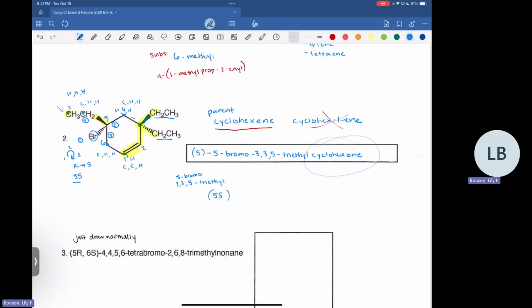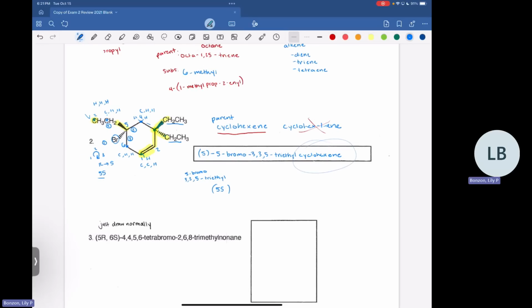Yeah, so carbons that have 4 different groups, like for E and Z or R and S. So E and Z is going to apply to double bonds, and specifically double bonds that are in a linear chain, so not cyclic compounds like this one.